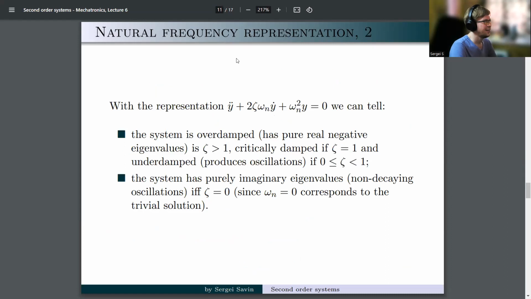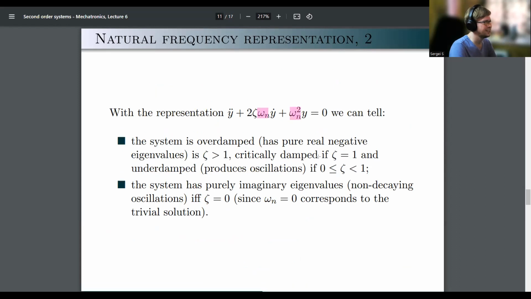And if both of them are 0, the equation looks like q double dot is equal to 0. This is not a very interesting system. All right. So need to be careful about the cases. This is a very specific case. So this is a requirement for purely imaginary eigenvalues. We'll see why it is important in a second.